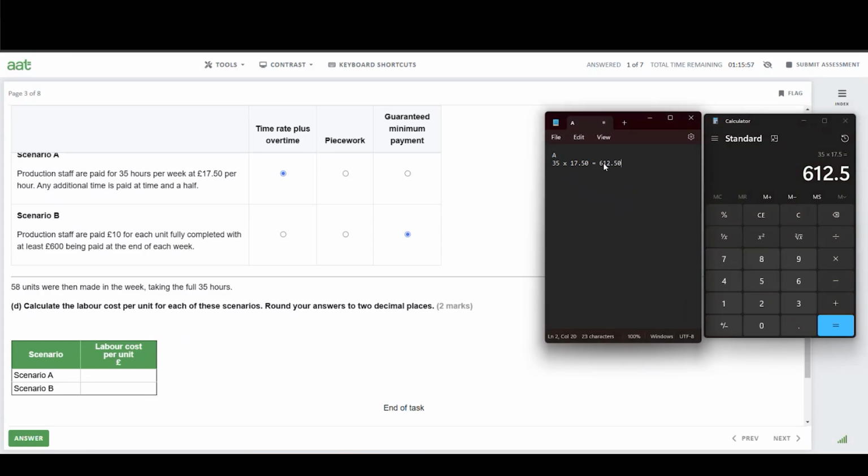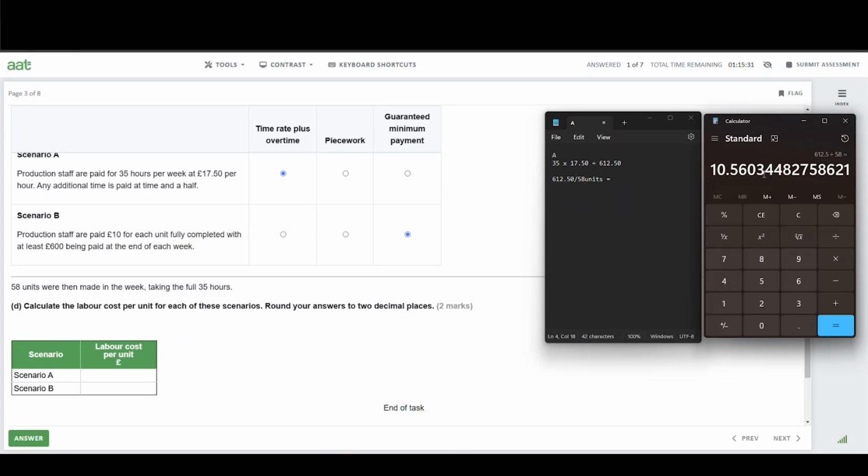That's not what we're entering in the answer box. Okay, we need to work out what the cost per unit is. So if we take 612.50 and divide it by 58 units, that gives us a cost per unit. We can do that over here. 612.50 divided by 58 equals 10.560344, and so on.